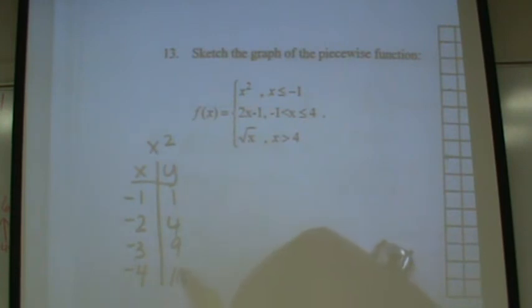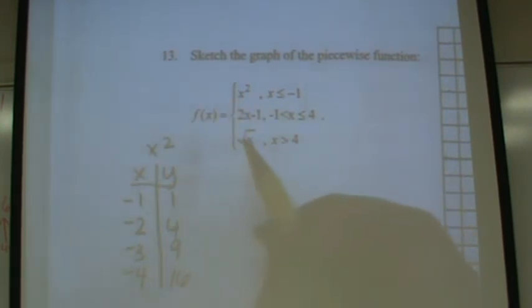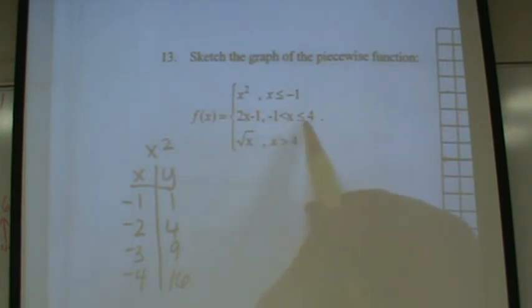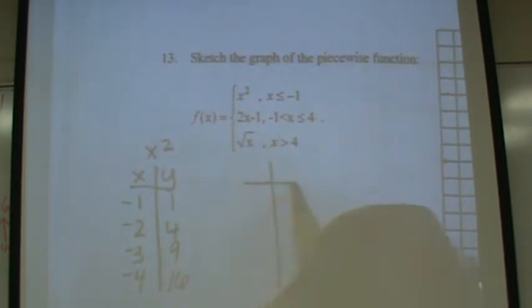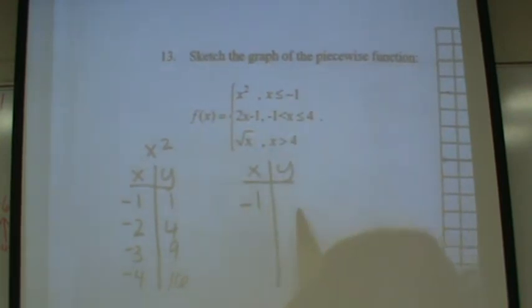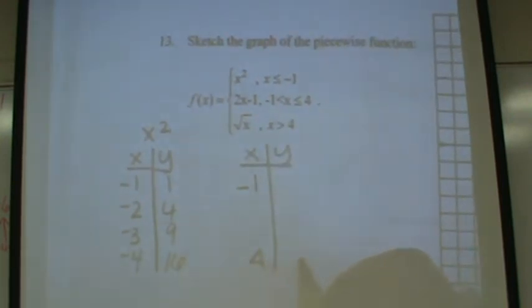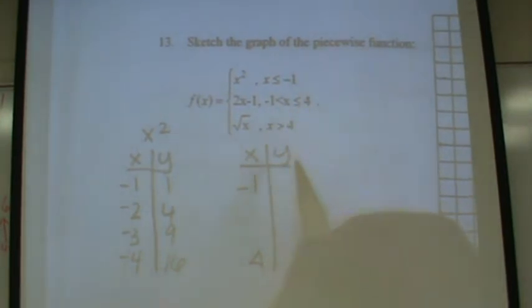So when you graph it, it's gonna be half of a parabola. Then same with this, you only plug in numbers that are between -1 and 4. You start with -1 and you go up to 4 in your x values, but when you graph it, you should have an open circle at -1 and a closed circle at this point because of the bar here.